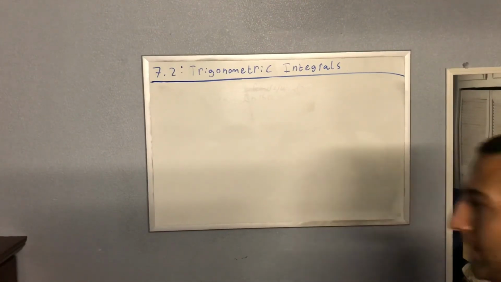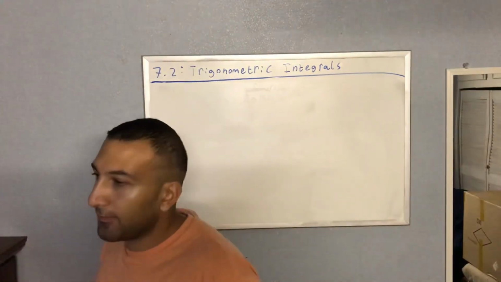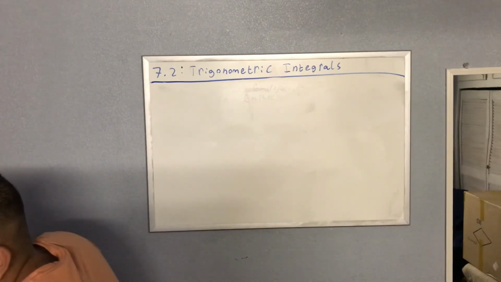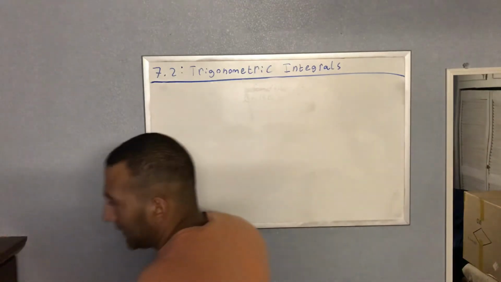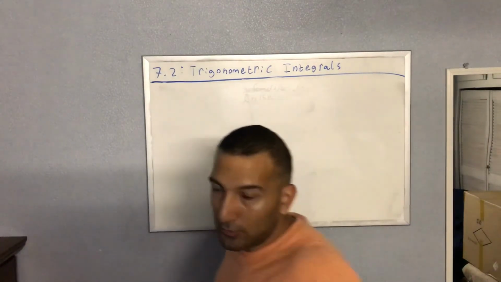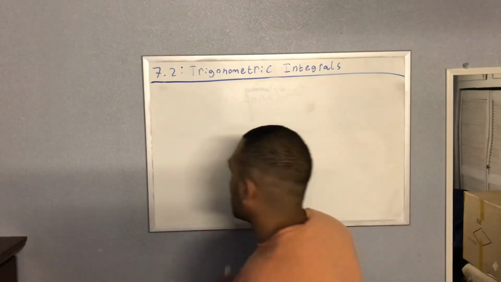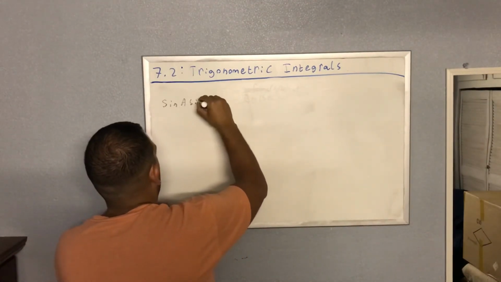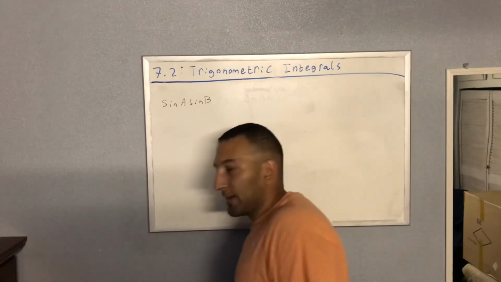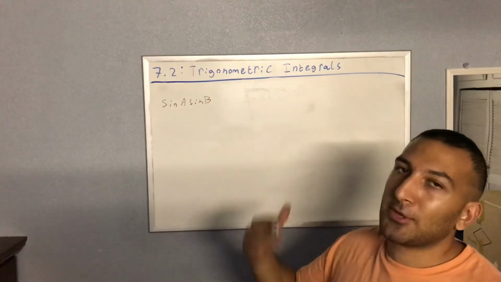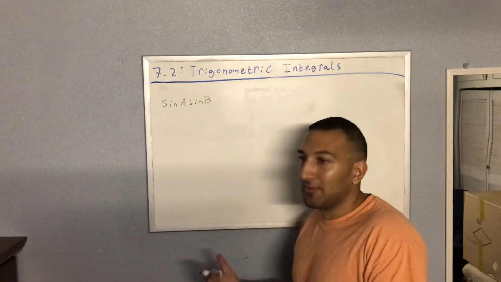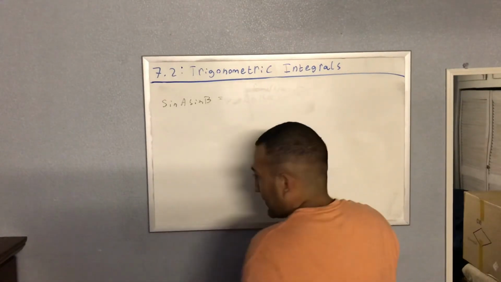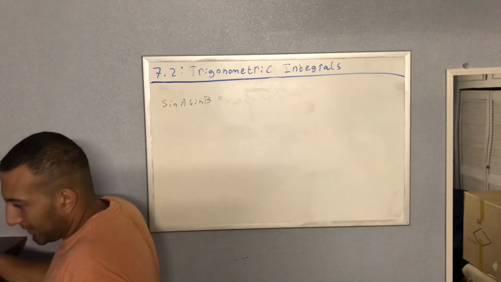Okay, and then the last set of formulas that we're going to need are what are called the product to sum formulas. So these were the following, and very few people just have these remembered, so it's okay if you look. You just need to know of their existence. I need some new markers.